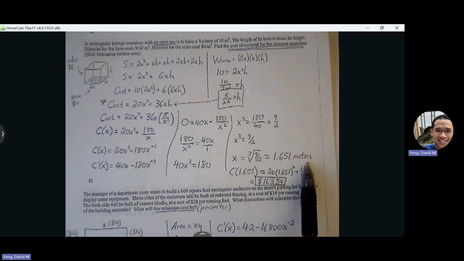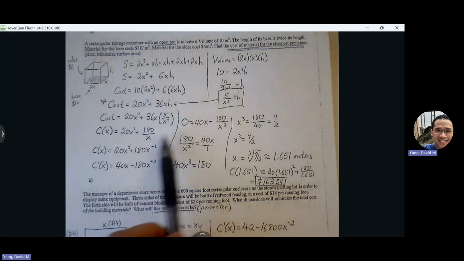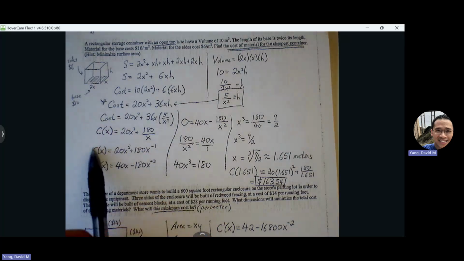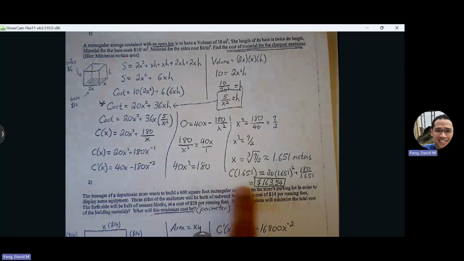And then finally, I'm trying to find cost. So I'm just searching for a cost equation that I've already built. Any of these cost equations work, just make sure you don't put it into C prime. I'm going to choose the one that I think is relatively easy to plug in. So plug 1.651 in for the x's, and then that will get you your optimal cost.